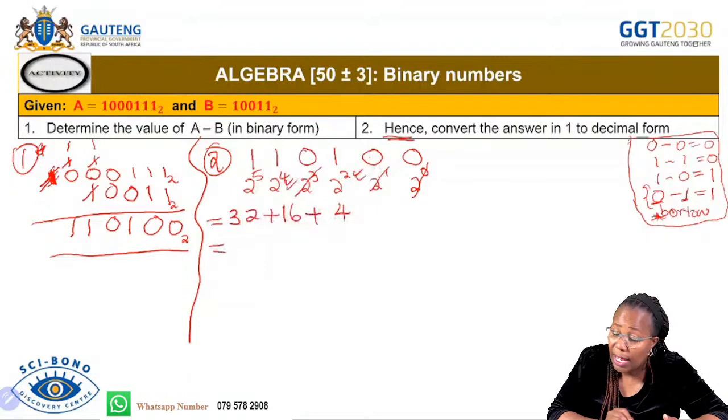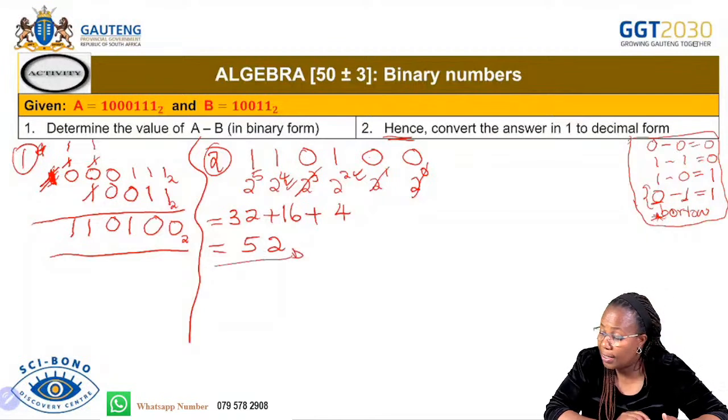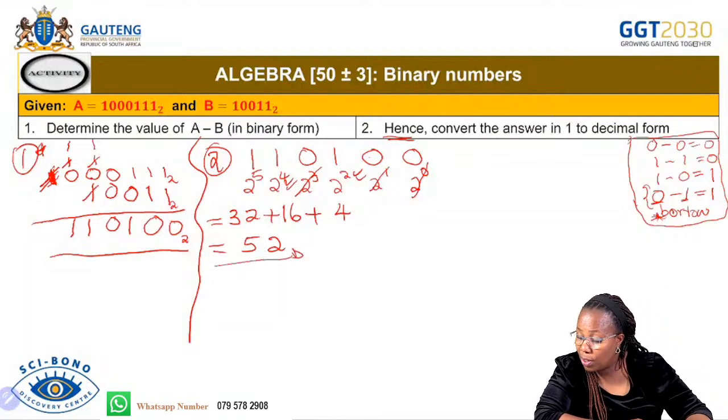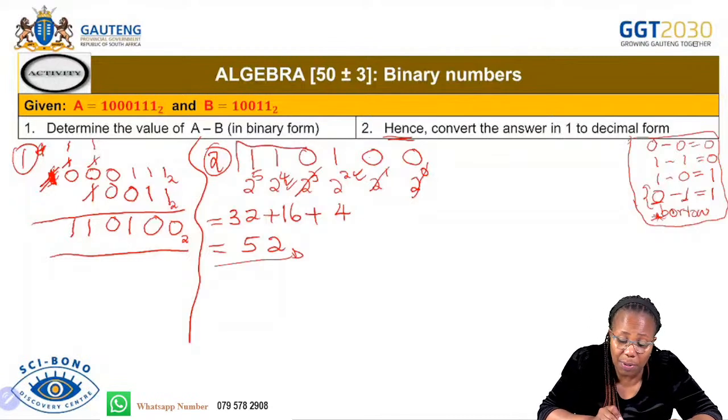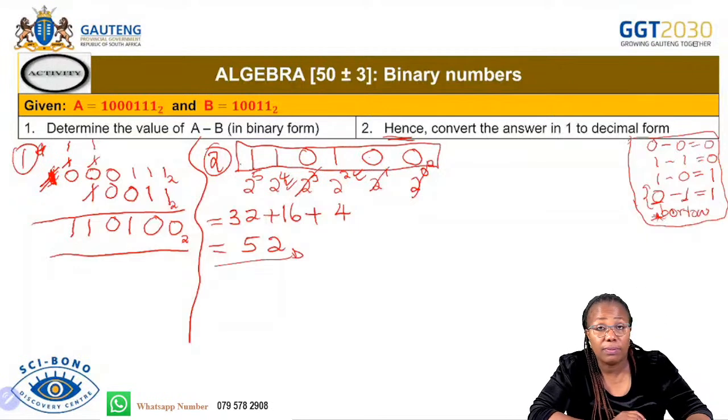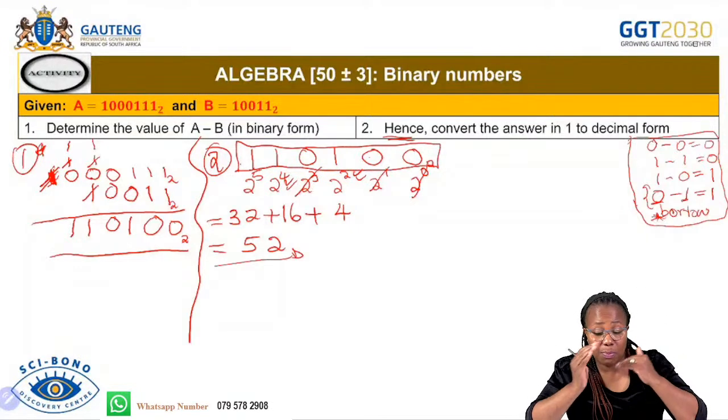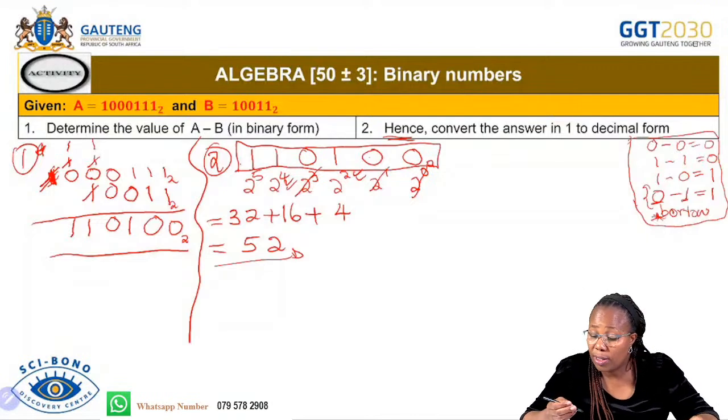And then when we add those, we end up with what? A 52. So that is our answer, grade 12. So that means this 52 is equal to that binary value there, the base 2. So that is how you change a binary to a decimal number there. Okay.